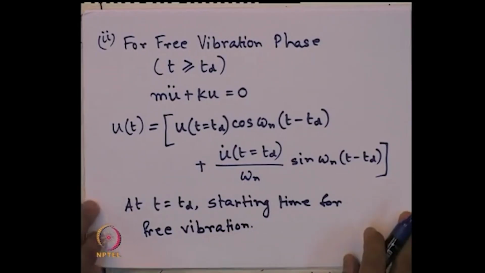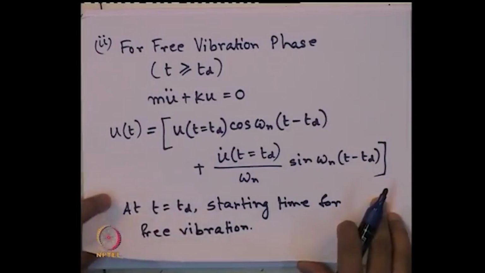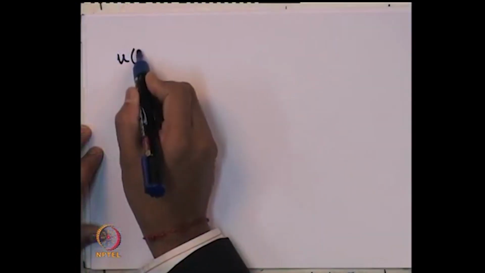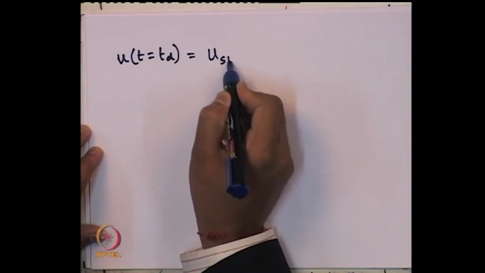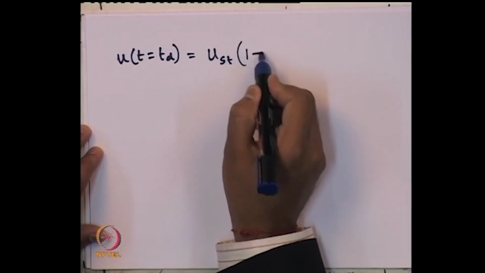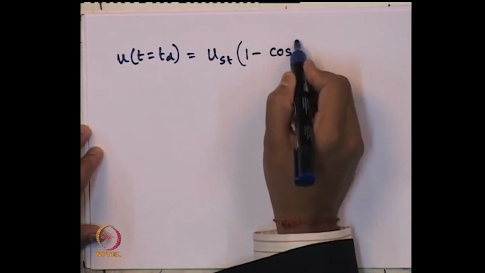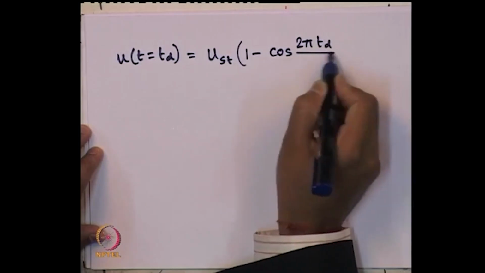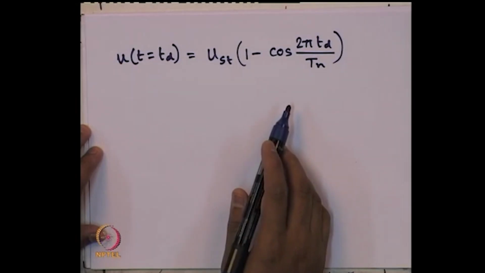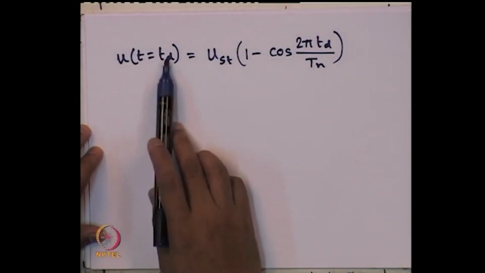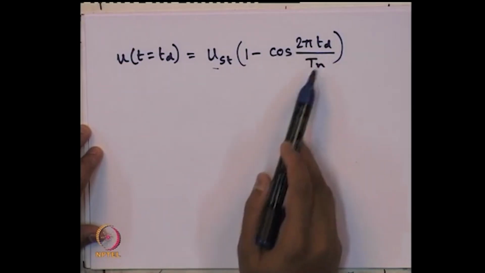Now, with this, we can rewrite the solution. Next, we can write that u at t equals T d will be equal to u of st times 1 minus cosine 2 pi T d by T n. This is the solution we can write from the forced vibration phase, because that was the solution we have seen: u of t by u of st equals 1 minus cosine 2 pi t by T n.